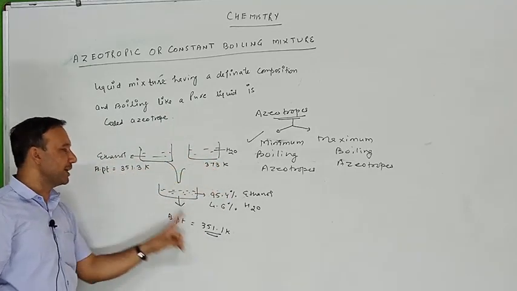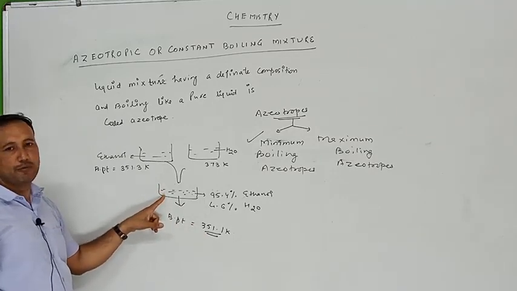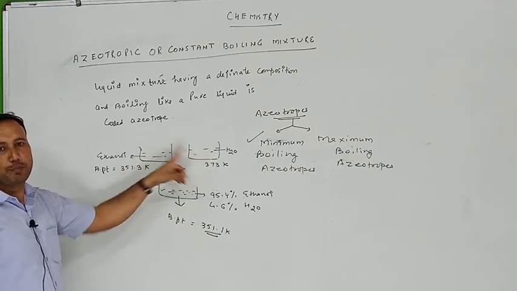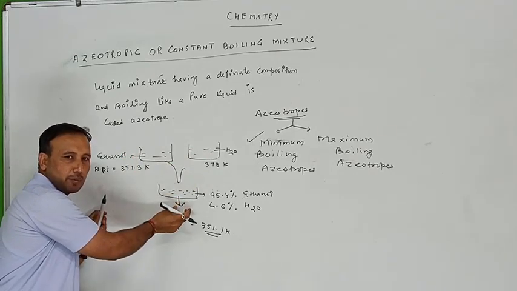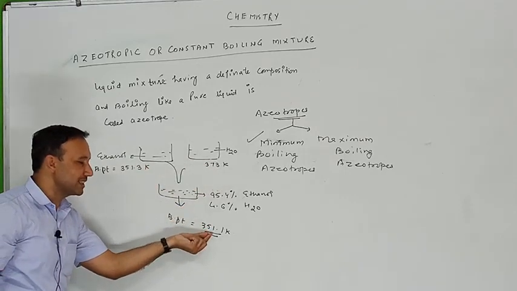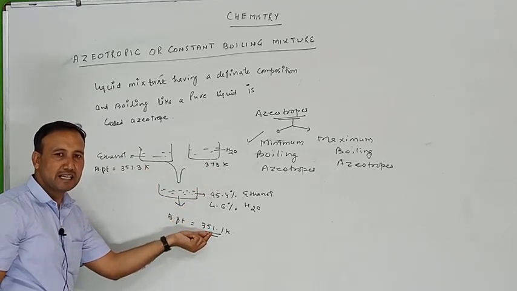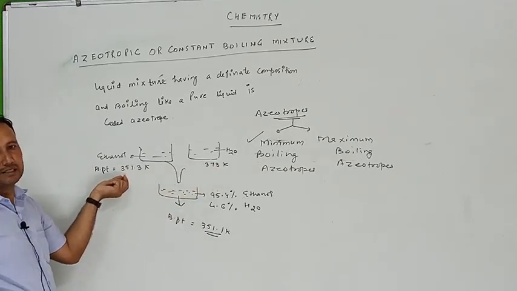That is, the boiling point of the liquid mixture is lower than the boiling point of either of these two pure components. The liquid mixture formed by mixing water and ethanol will have a lower boiling point as compared to either of these two pure components.